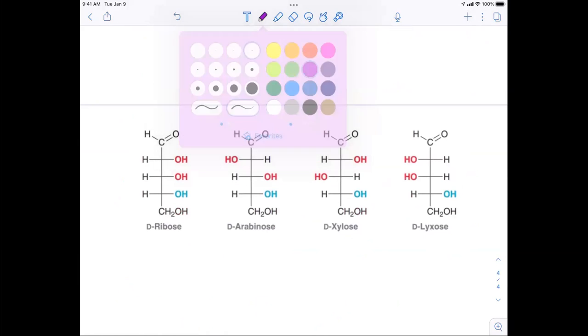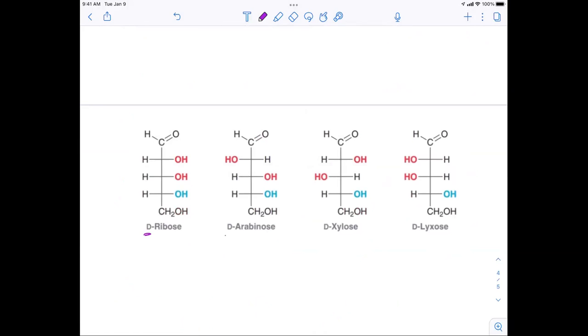Now, whenever we have all of these, you notice they're D. All natural sugars are D. Anytime you have a stereocenter, we usually have the possibility of an R and an S, right?